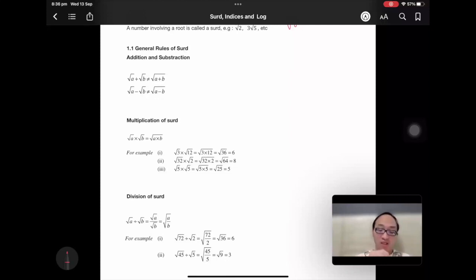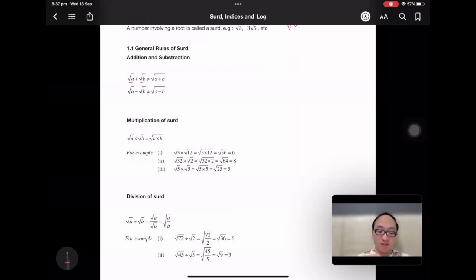For example, the square root of a plus the square root of b cannot be combined into the square root of a plus b. And it also works for subtraction.